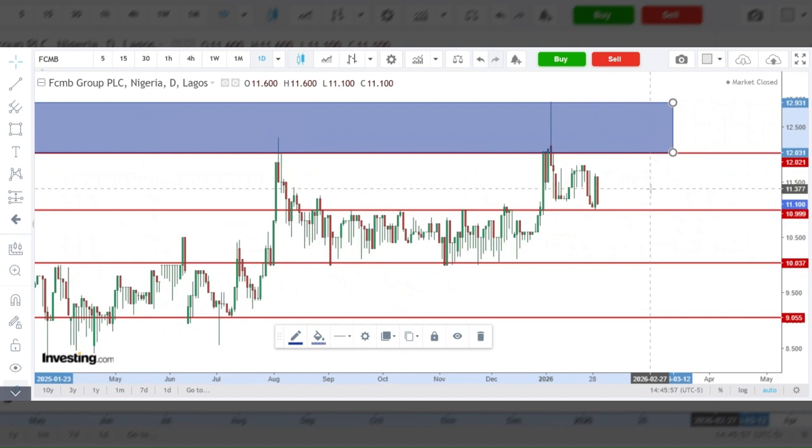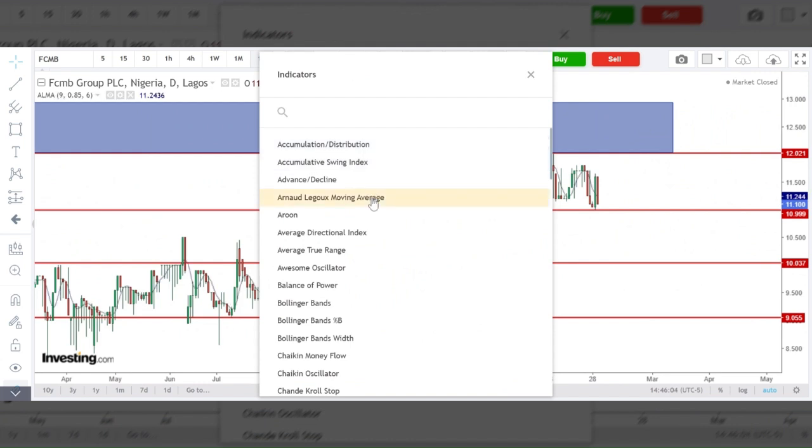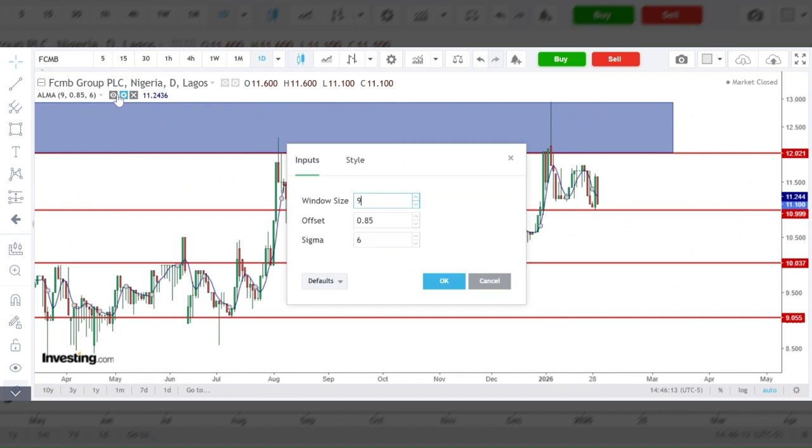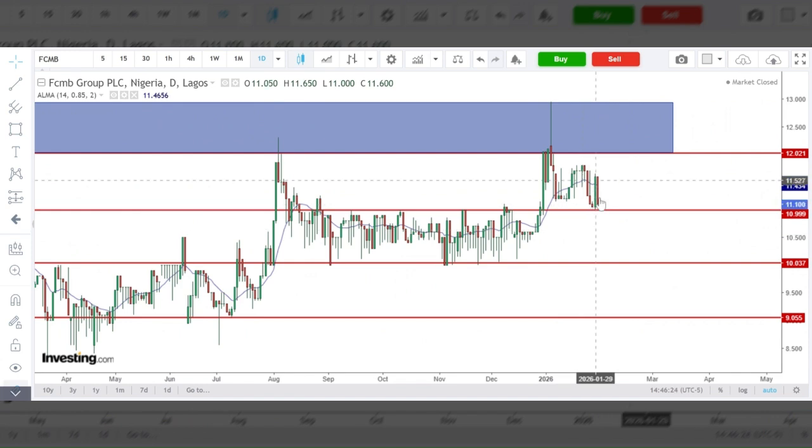All right, now moving forward, let's put our moving average on to know what's happening in this stock. From what I'm seeing here, the market actually went on a full bearish beat.